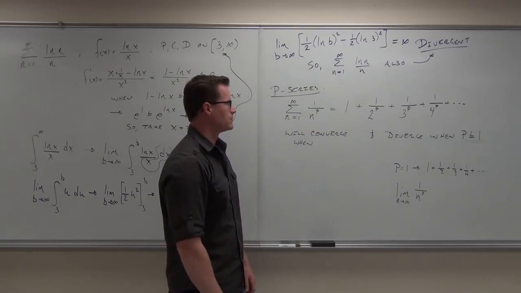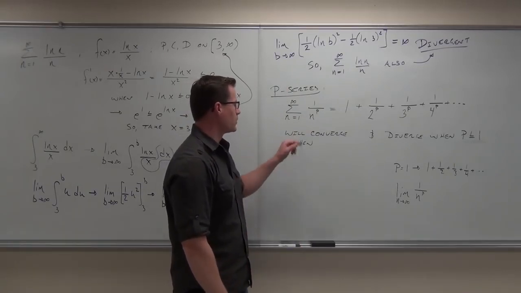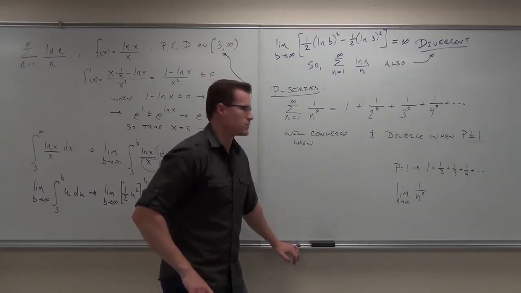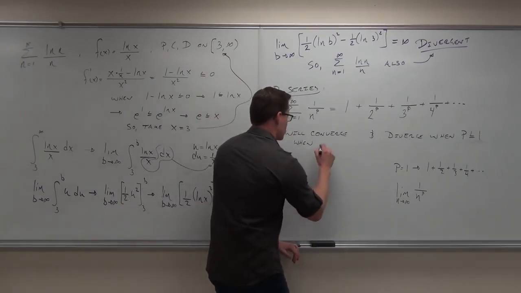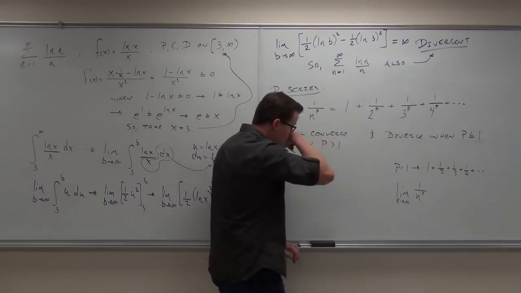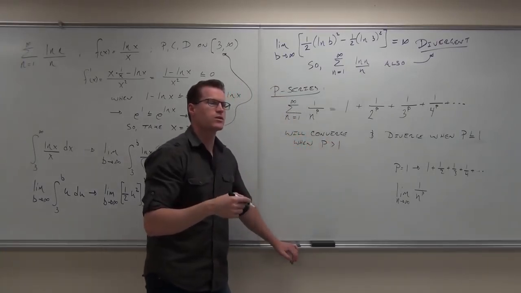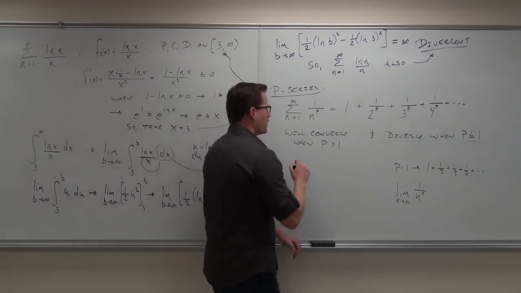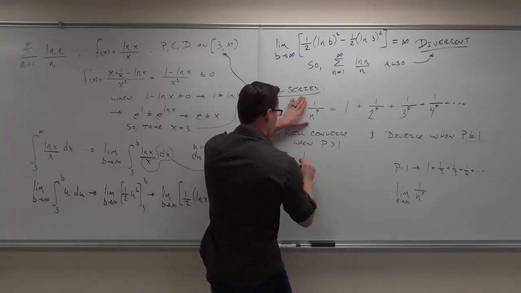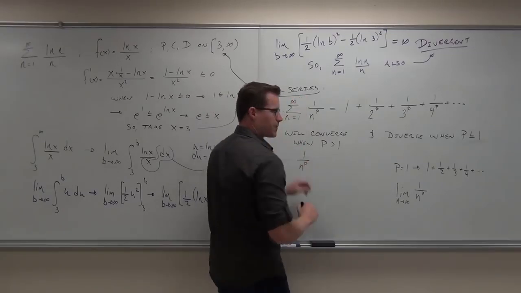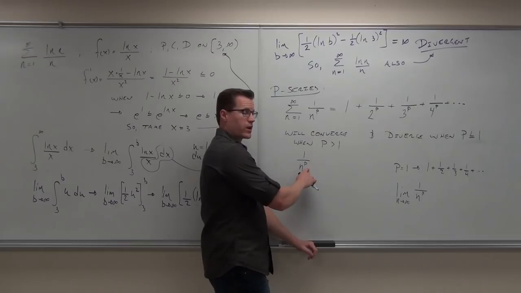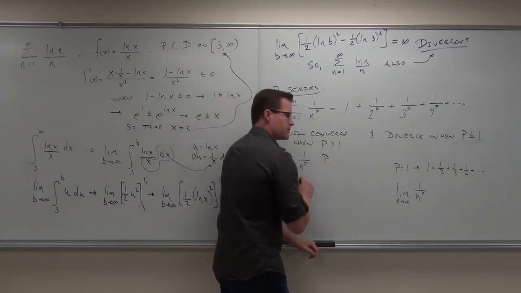Now, when will this converge? When p is greater than 1. When p is greater than 1, you can think about this. If p is greater than 1, then 1 over n to the p, if you model this with a function, this is positive.